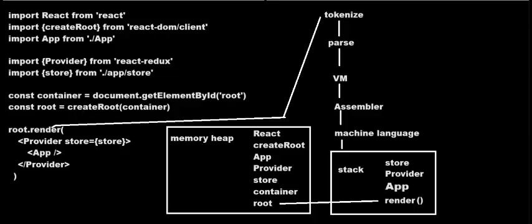After that, provider is finished, because store is a prop of provider. Store finished, provider finished, pop provider, app finished rendering, pop, and render is finished, the stack is empty.